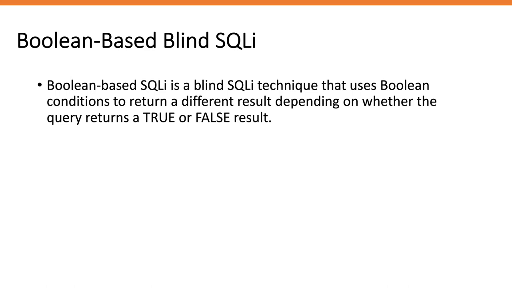So in simple English, the attacker sends different SQL payloads that ask the database true and false questions, and depending on how the database responds, you could infer whether the application responded with true or false. This is sometimes referred to as content-based blind SQL injection, so you'll see those two terms used interchangeably.